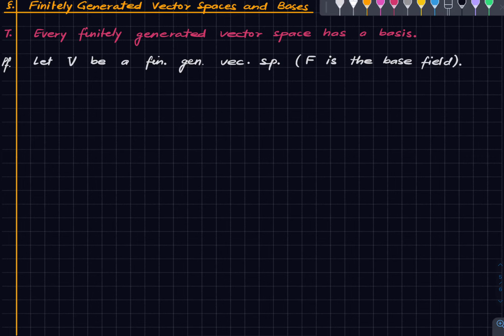Just pick one amongst those. Okay? So here is what we want to write. This is the key, basically this is the proof: let v1 up to vn be a spanning list of smallest possible size.